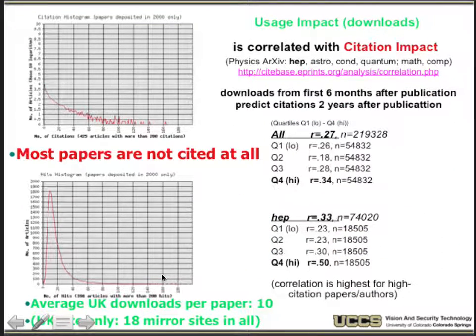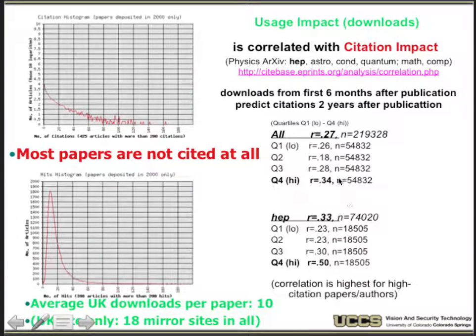In terms of impact, downloads are extremely correlated with citation impact. Looking at some data from physics, from a paper by a European group, the downloads in the first 6 months after publication predict citations 2 years after publication. The number's not the same.